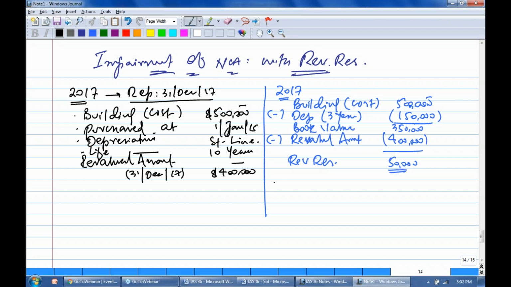And another thing is that there is no impairment indication. This is all about 2017. There is no impairment indication.